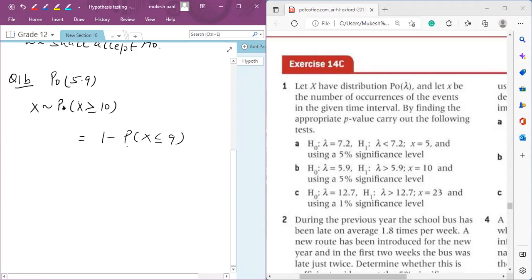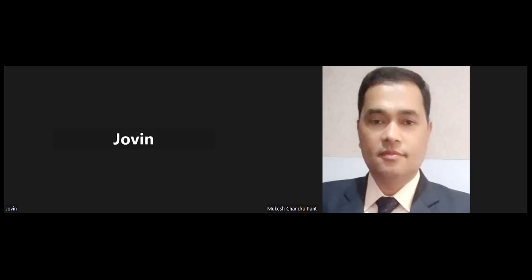But the calculator I am using has the lower and upper option, so I can get the direct answer, because here the lower bound is 10.